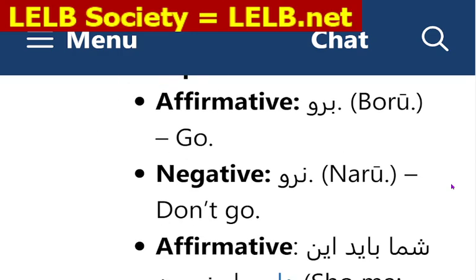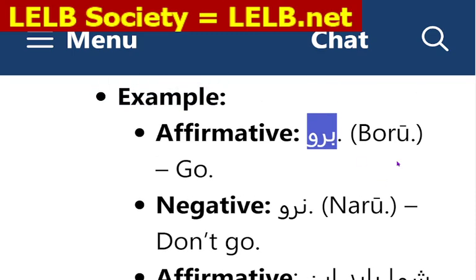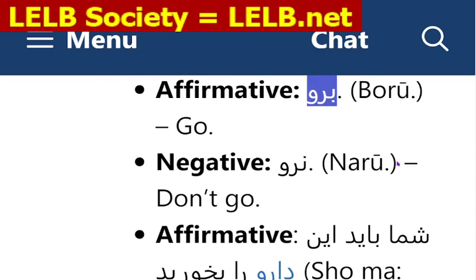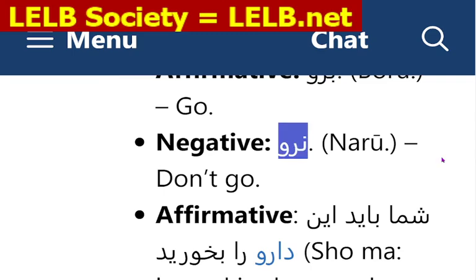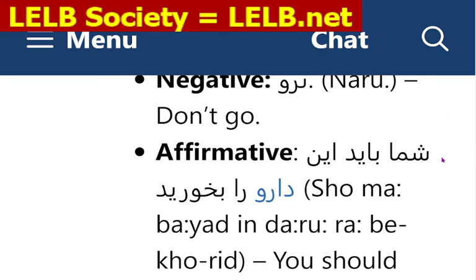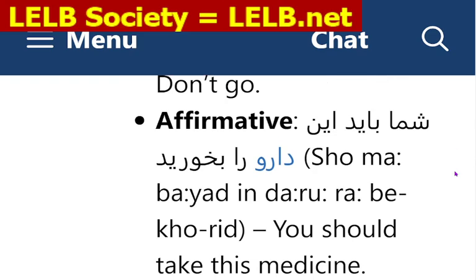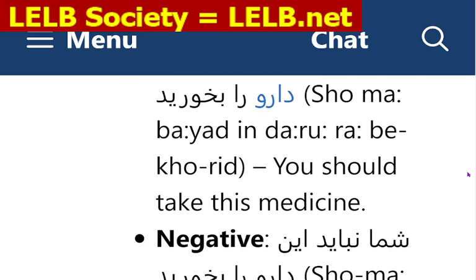And negative is نرو, don't go. So برو is the imperative, go, and نرو, don't go. And the affirmative: شما باید این دارو را بخورید. So you should or you must take this medicine.